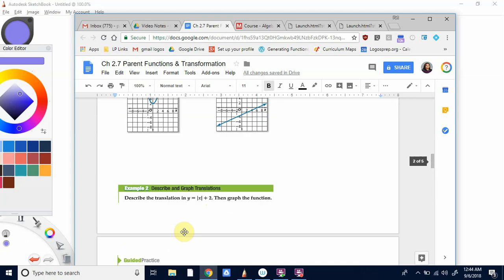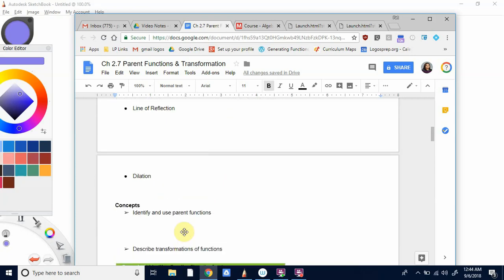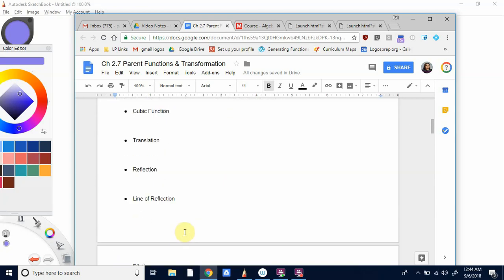So our next transformation is reflection. What is reflection? That's when it flips over a line, and that line is called the line of reflection. So the line of reflection is a line that a particular graph flips over.